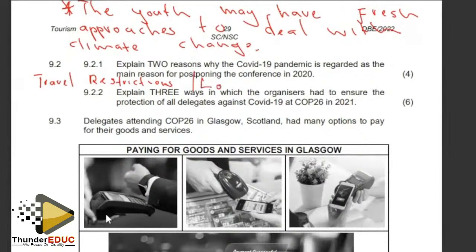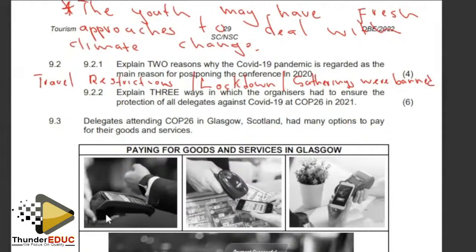There was lockdown. Gatherings were banned.